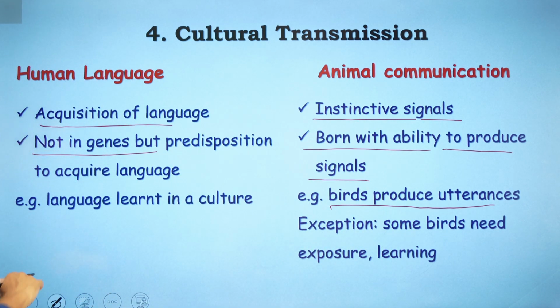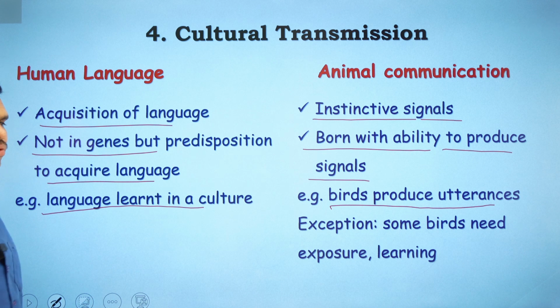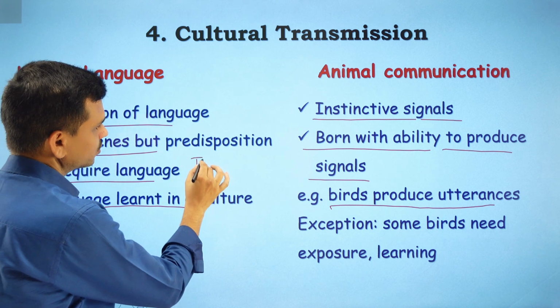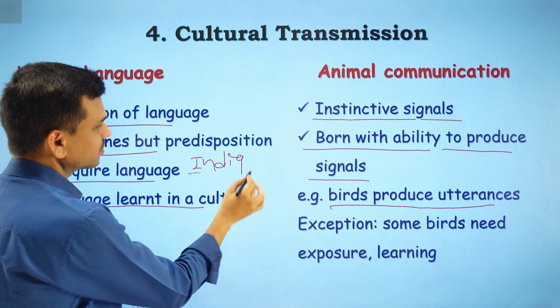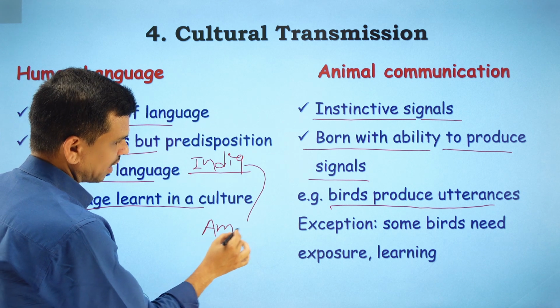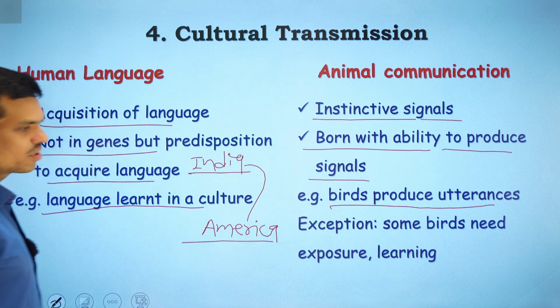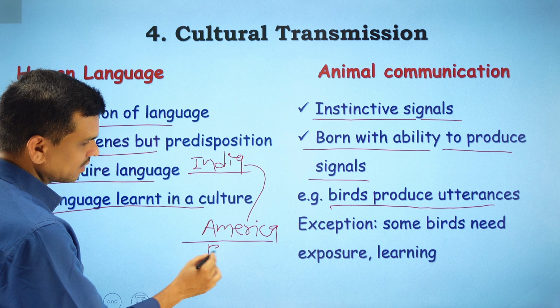What happens in human communication? We need to acquire language, we need to learn a language, and language is learned in a particular culture. Let's take an example. Say a child is born in India, and is sent to America and brought up in America. Obviously he or she will speak the language which is spoken there, and that is English.